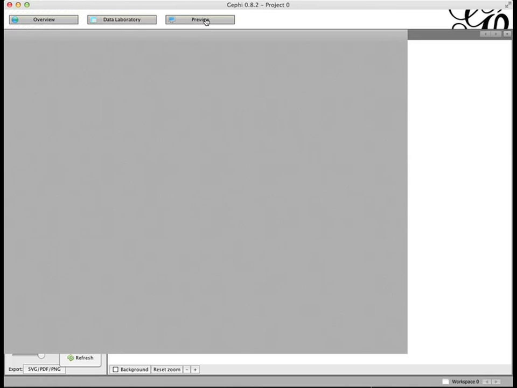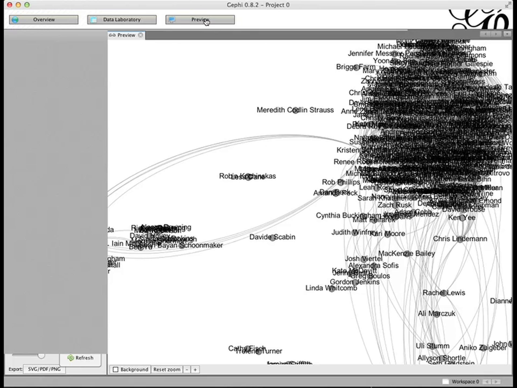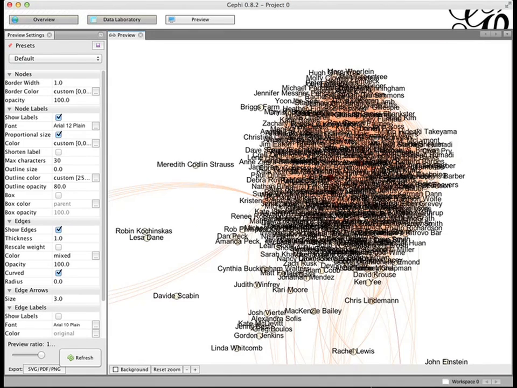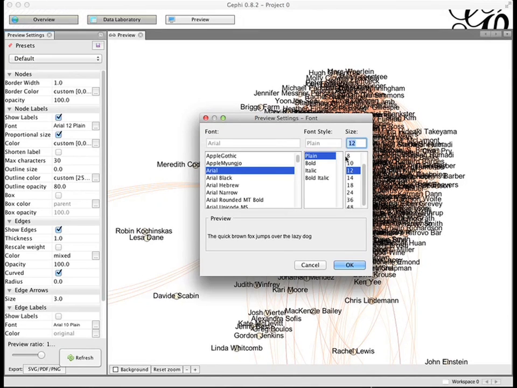So, who in my network of friends has the largest amount of degree centrality? If we refresh the view, and we may have to change the size of the text again. We'll bring it down to 8 point. Okay.